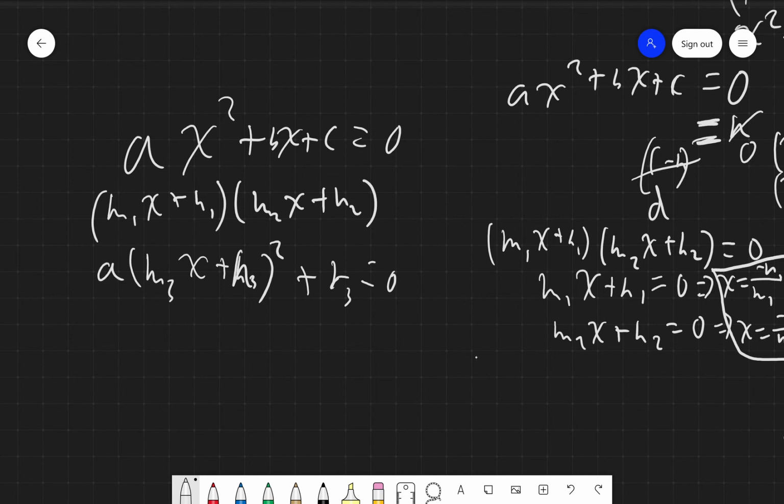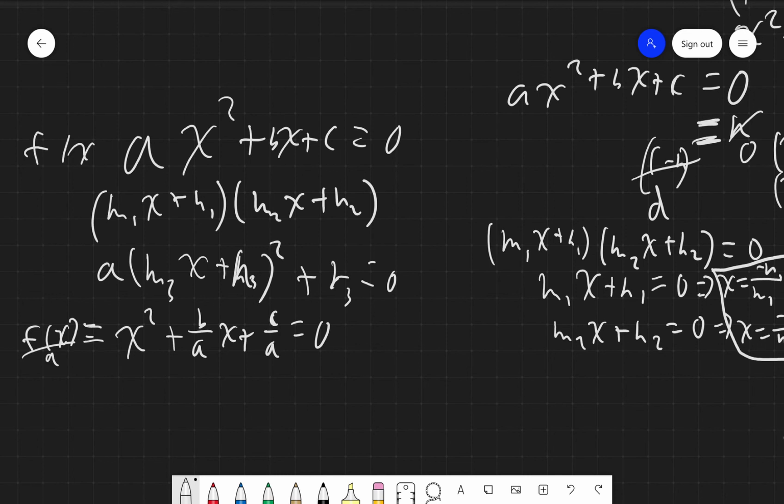If we divide by a on both sides, we get x squared plus b over a x plus c over a equals 0 still, because 0 over a is still 0. We'll use f of x just to keep track. So this is f of x over a equals this, and this is f of x.